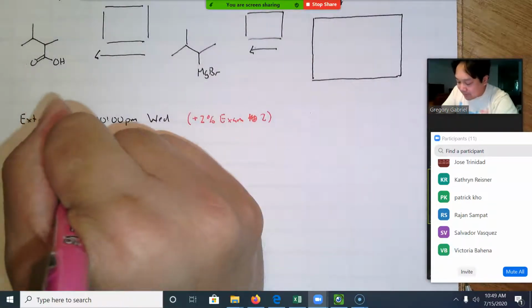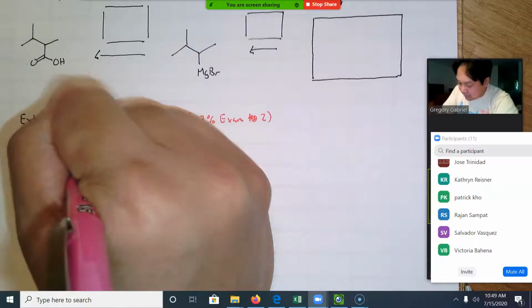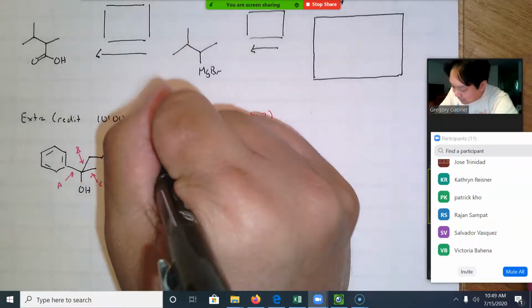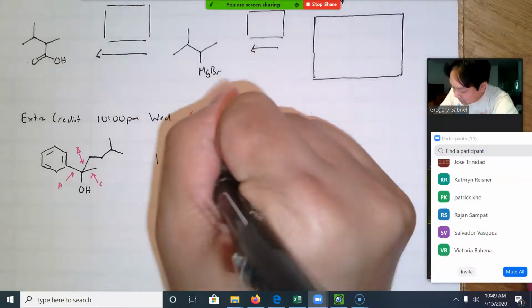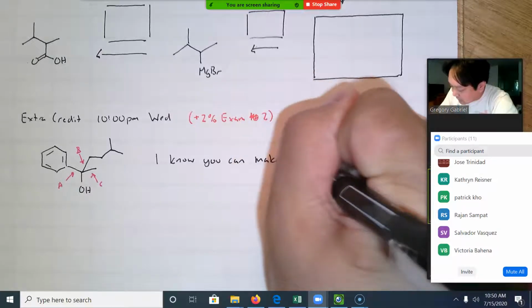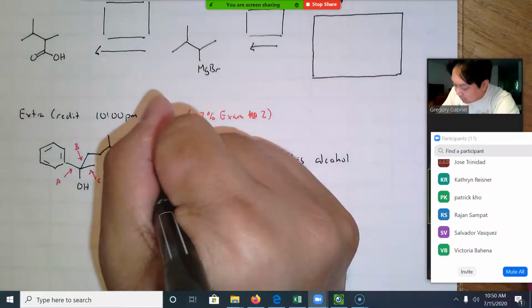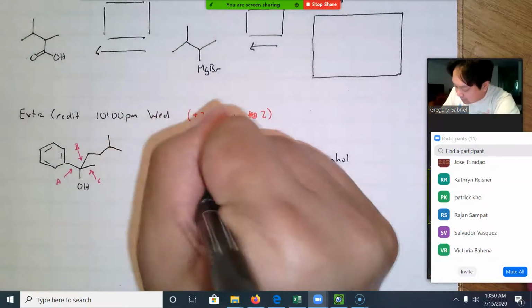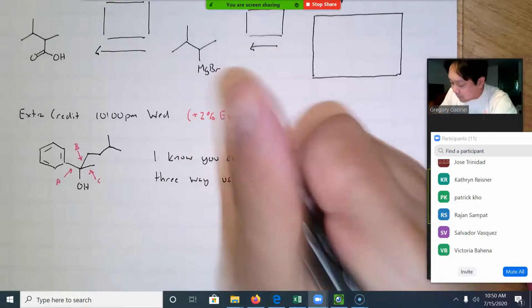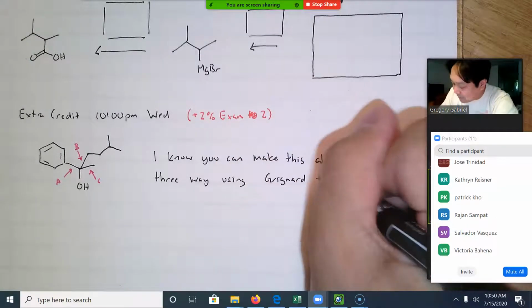Same A, B, and C. Now here's the problem. I know you can make this alcohol 3 ways. We'll just go with Grignard plus ketone.